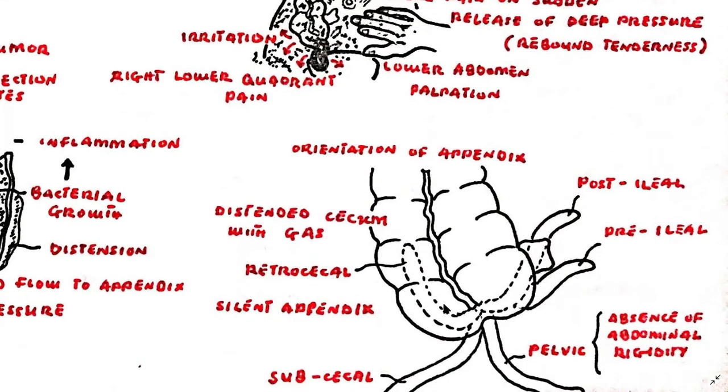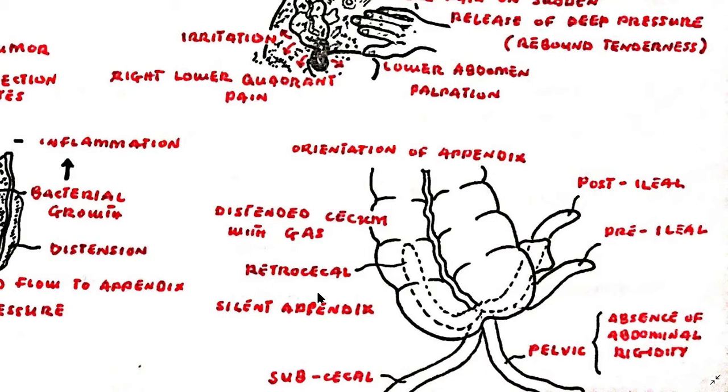The appendix could be in a retrocecal position. This means that it is localized behind the cecum. Therefore, deep pressure in the right lower quadrant may fail to elicit tenderness, and this is called a silent appendix.